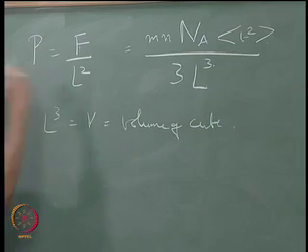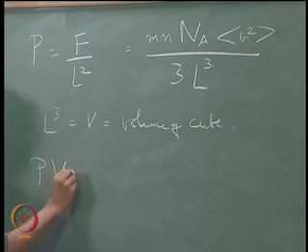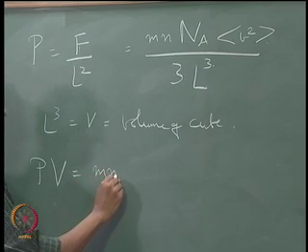So if we rearrange, we have PV equals m n Na v square by 3.